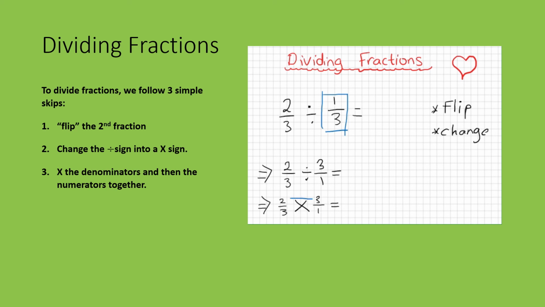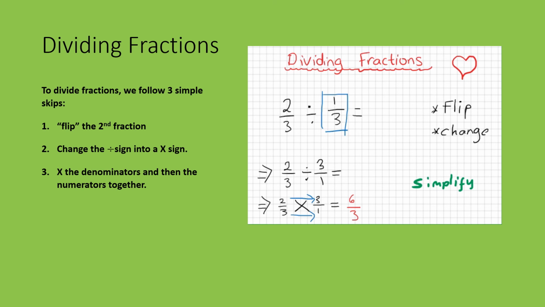And then we go and do the operation. Remember, when you're multiplying, it's so easy. All we have to do is go across. So 2 times 3 is, what is it? 6. And what is 3 times 1? 3. And that's the answer. And now you can simplify. Remember, you should be writing notes as we go along here. So you can simplify.